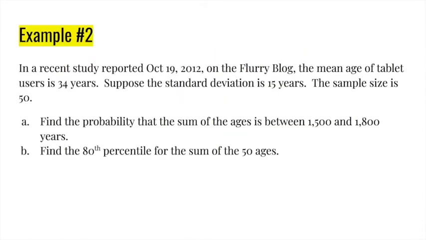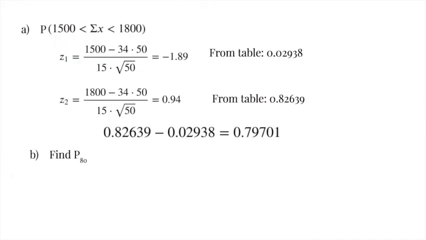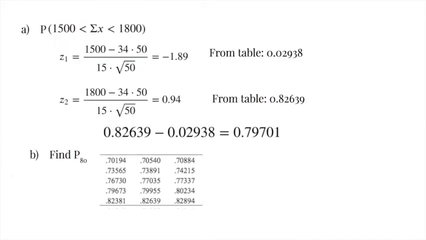Question B asks us to find the 80th percentile for the sum of the 50 ages. So we're trying to find P80. I'm going to look in the area of the table where I can get as close to 0.8 as possible.